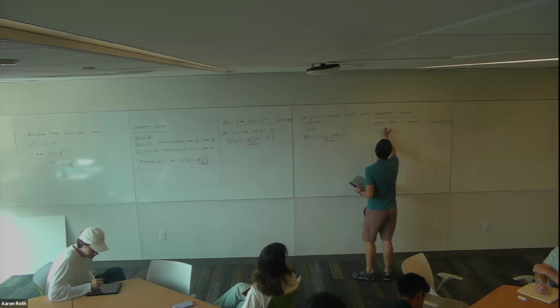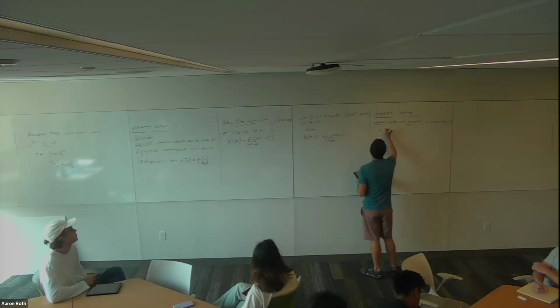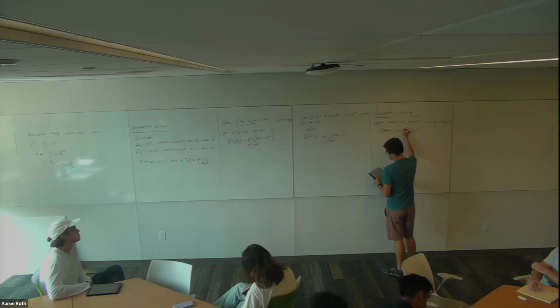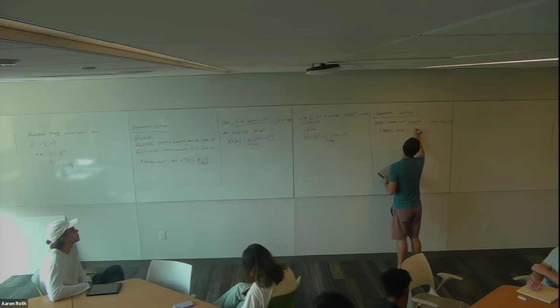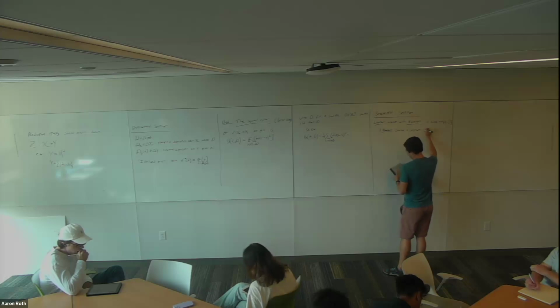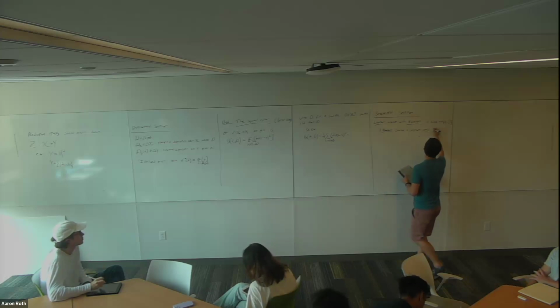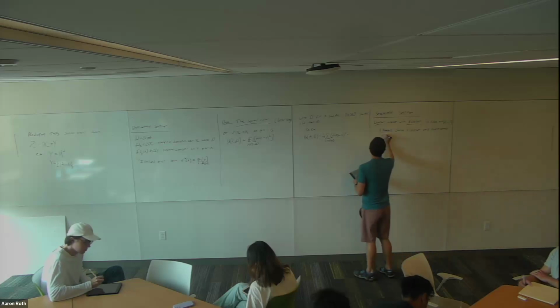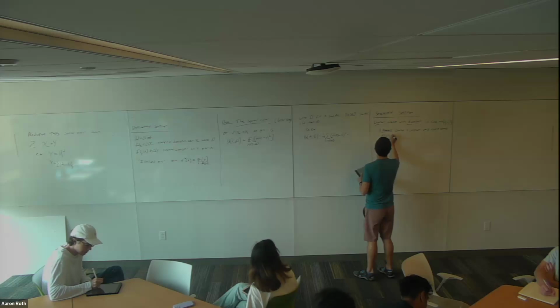Well, at each round, little t, the adversary chooses, potentially using randomness, a distribution over feature vectors X and labels.